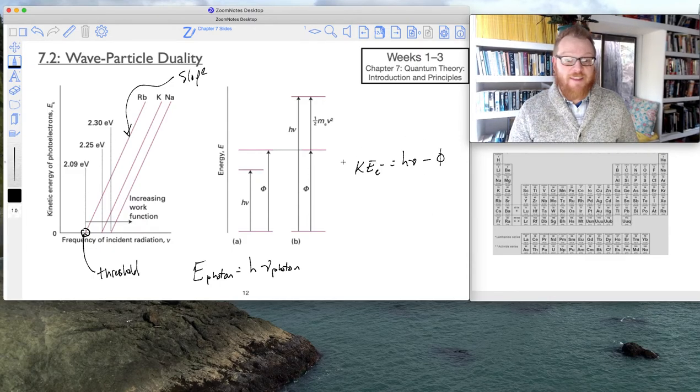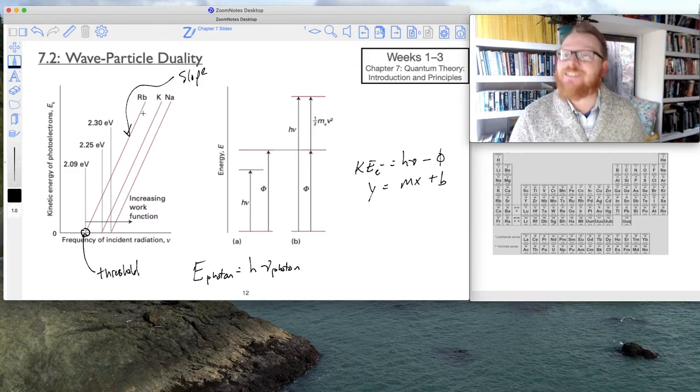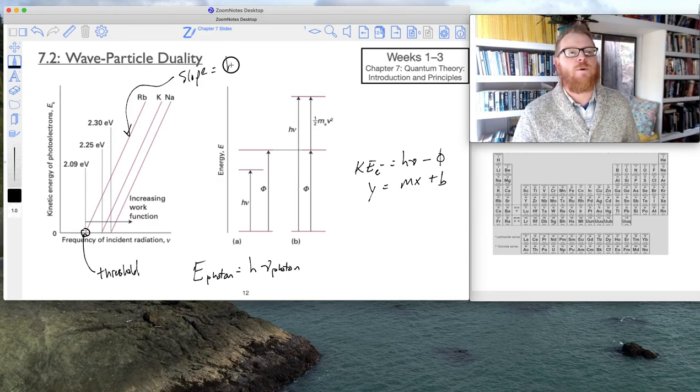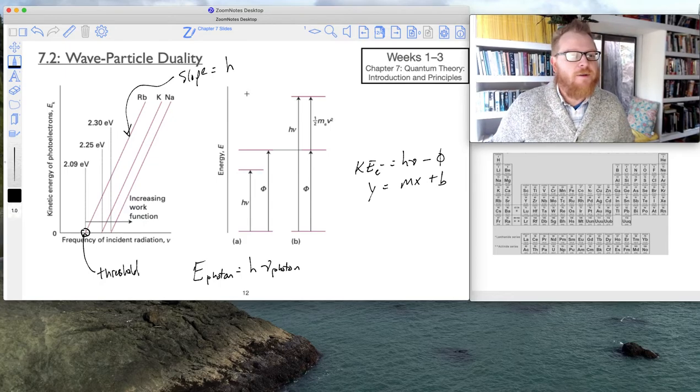So in this experiment, right, look, this is a y equals mx plus b. So the slope of this line is Planck's constant. Very cool. Slope equals h. And this is actually how, through modern experimentation, we've been able to determine the value of Planck's constant with great precision. Very cool stuff, okay?